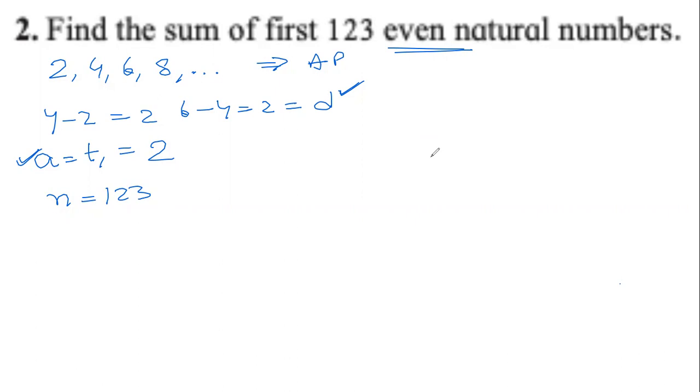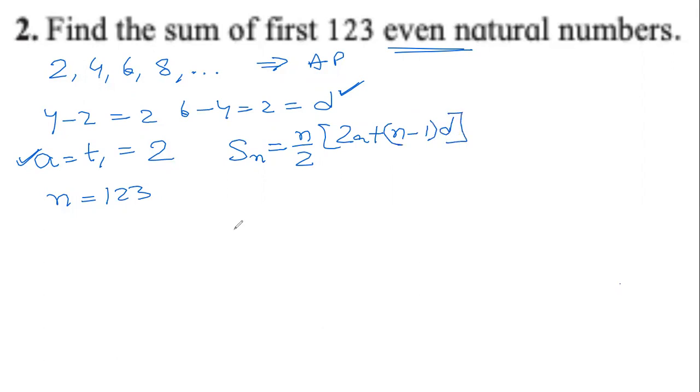Yes. Now we have A, D, and N. We know that the formula for sum of first n terms of an AP is Sn equals n by 2 within brackets 2A plus n minus 1 into D.